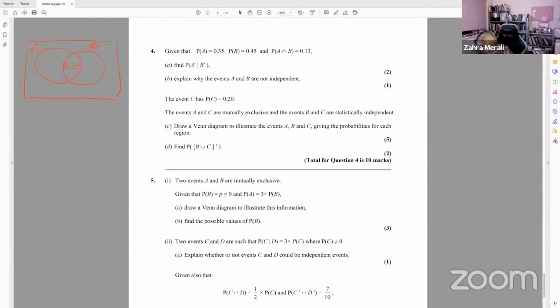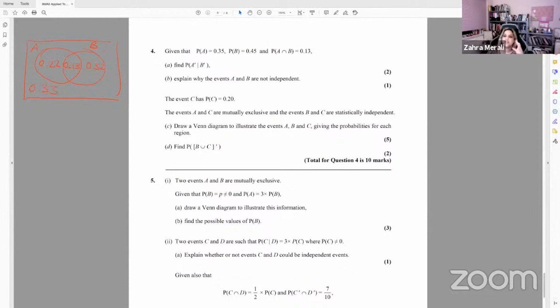So that means we can work out 0.35 minus 0.13, which gives you 0.22, must be this bit on the outside. 0.45 minus 0.13, which is 0.32. And then 1 minus all of that gives me 0.33 on the outside.